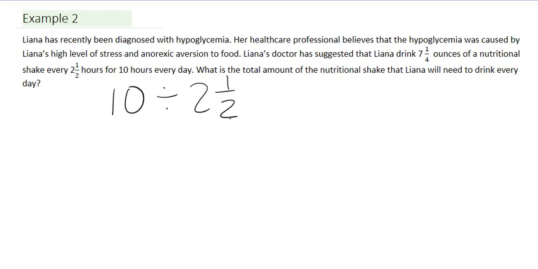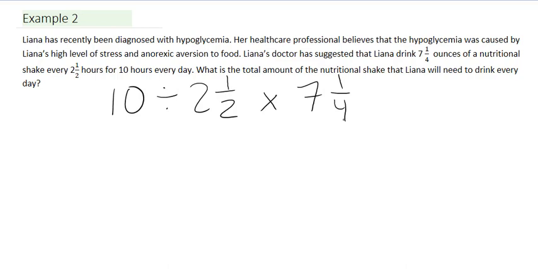And then that number will be multiplied by the 7 1/4 to give us the total amount of ounces that she is drinking every day. So we can see that this is a multi-step problem. So let us first convert all these numbers into fractions.